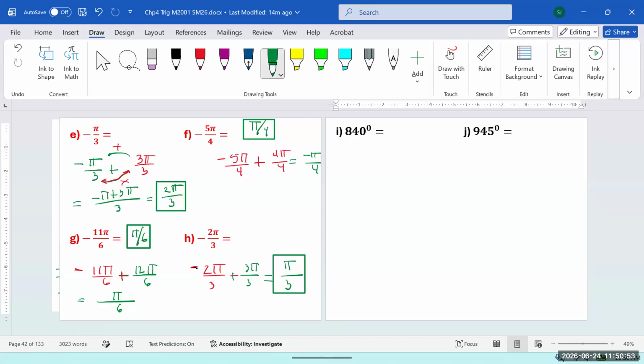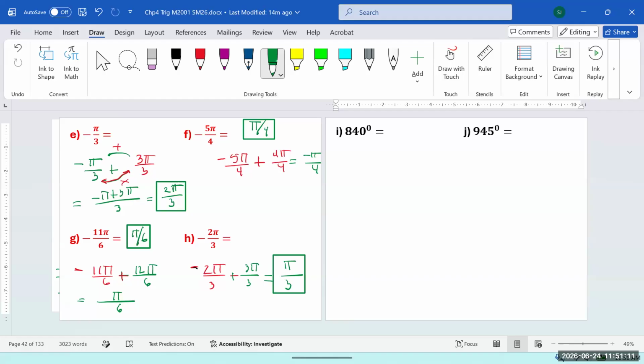So if you look at the relationship between 2 and 3, this 2 pi is how many pi closer to this 3? This 11 pi is how many units closer to something with 6?